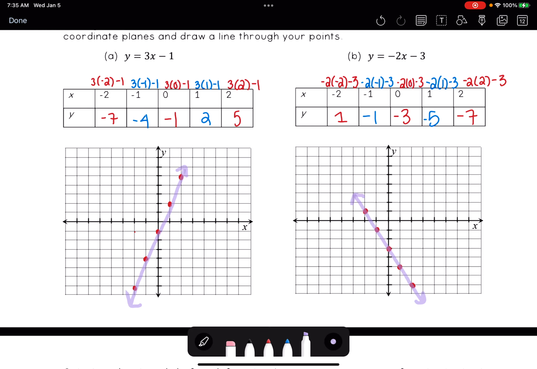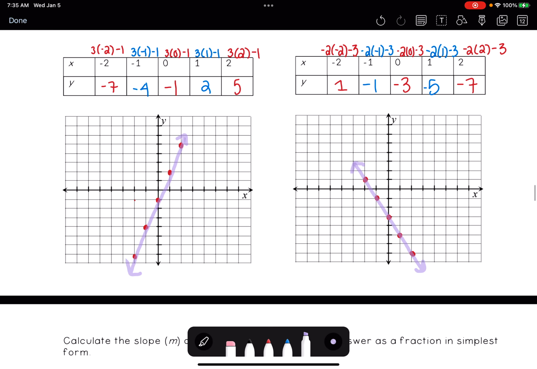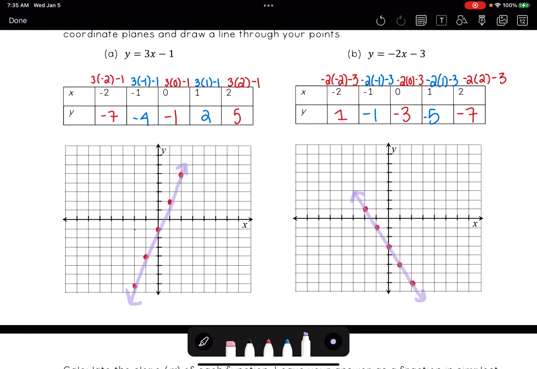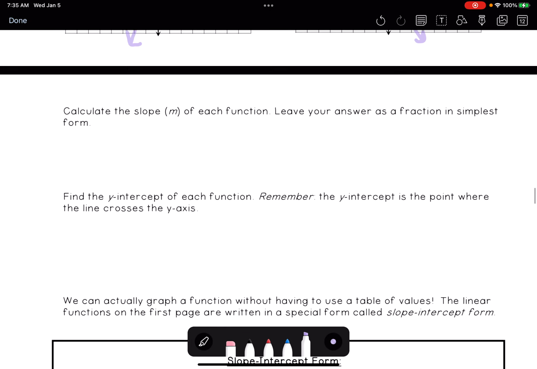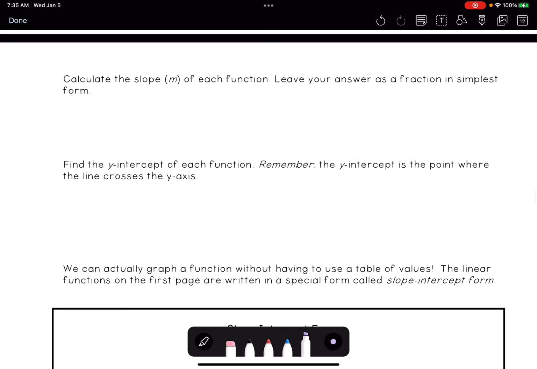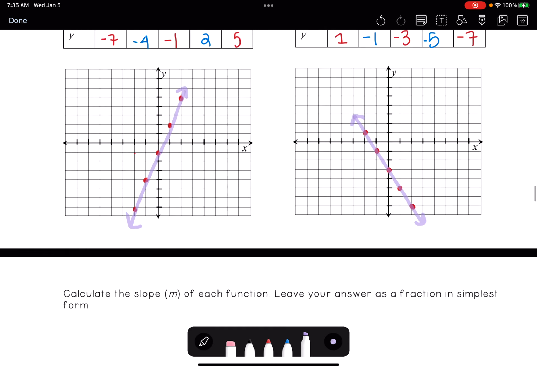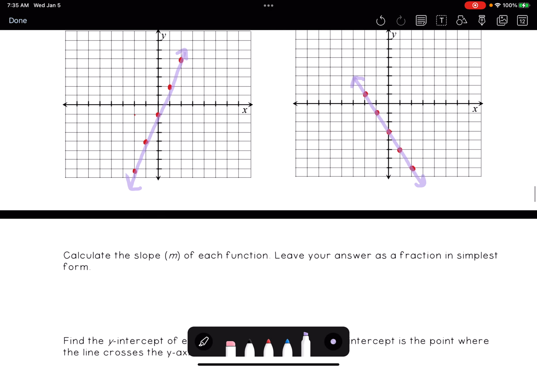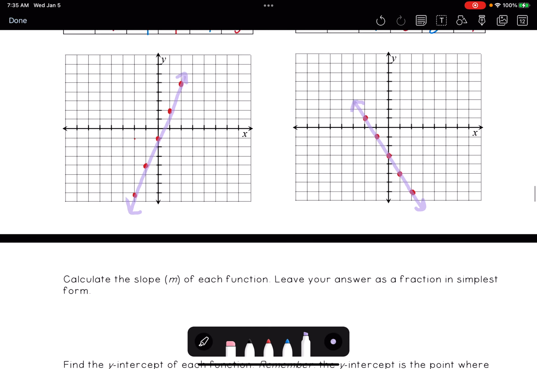So what we're going to do now is kind of investigate these equations and where each of these numbers comes from. First, we're going to start by calculating the slope of each function, and we're going to leave our answer as a fraction in simplest form. So for our first equation, we have two ways we can do this.